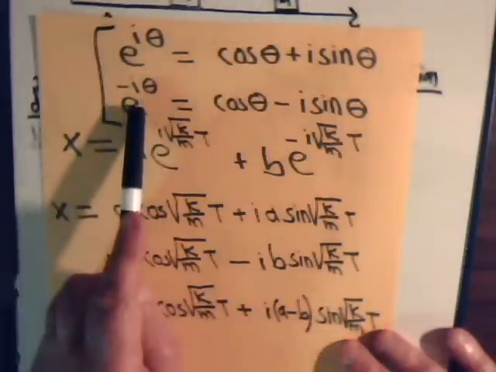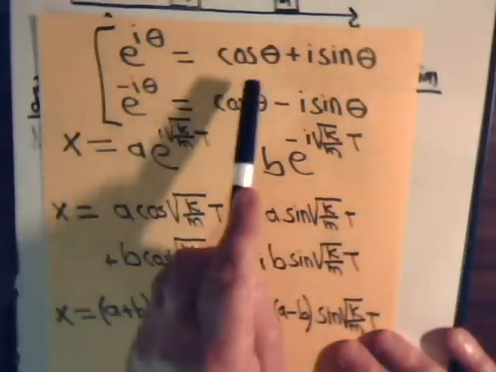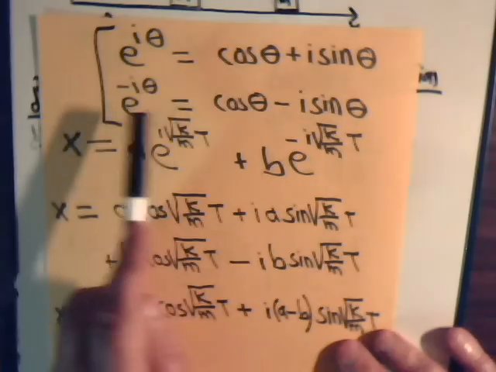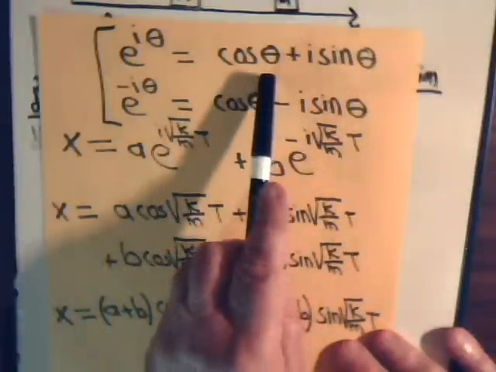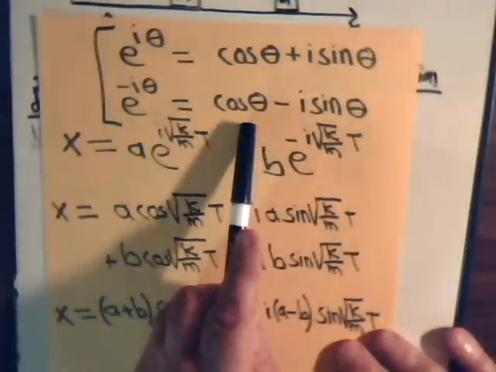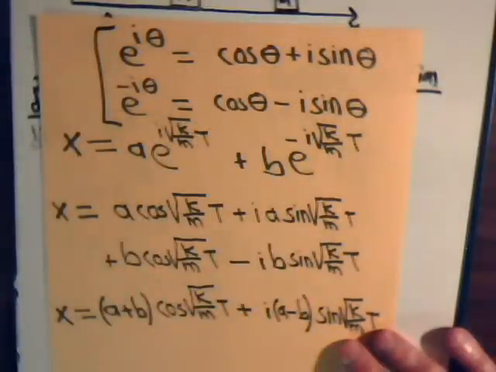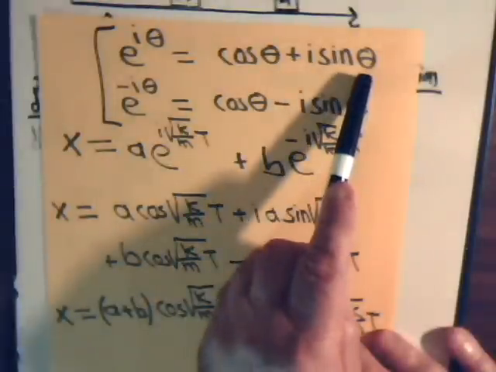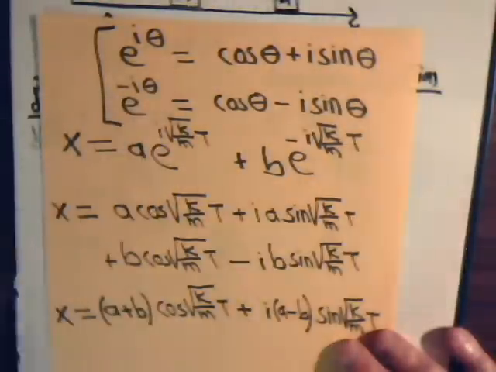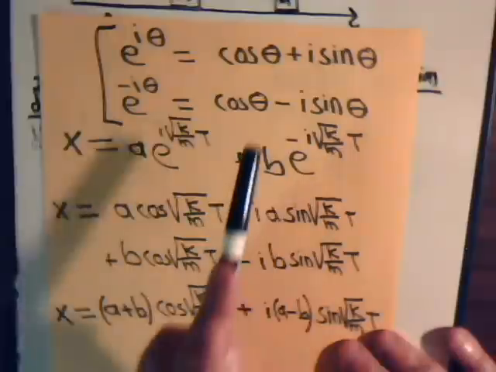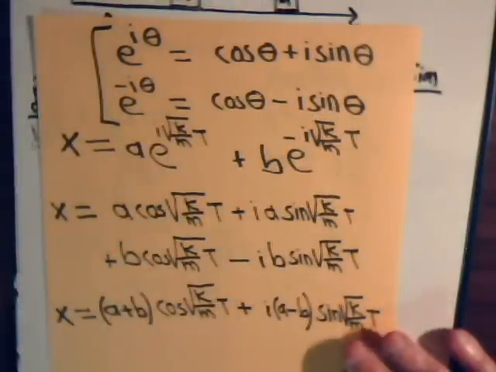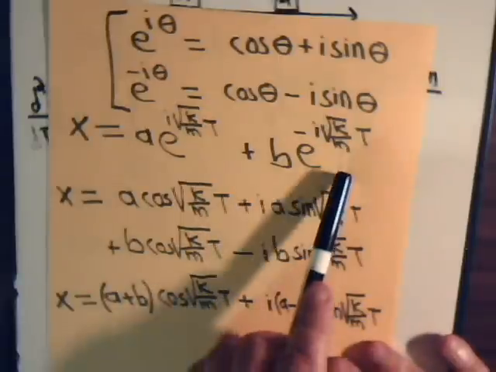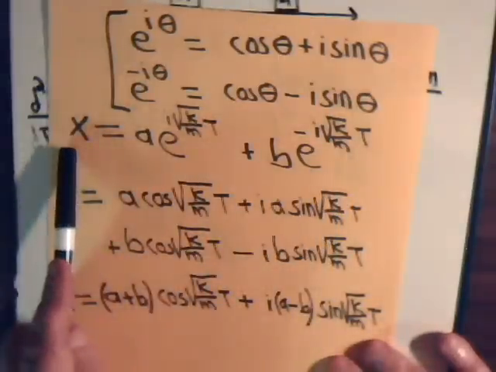And if we have e to the minus i theta, then in here we replace theta with minus theta. But the cosine is an even function, so the cosine of minus theta is also the cosine of plus theta. Here we replace theta with minus theta, and the sine is an odd function, so this would be minus the sine of theta.